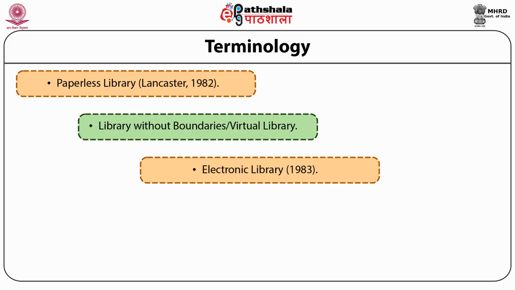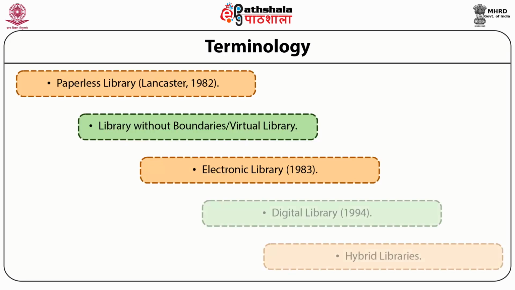The relatively recent use of the term digital library can be traced to digital library initiatives funded by the US National Science Foundation, the Advanced Research Project Agency and the National Aeronautics and Space Administration, NASA, in the United States in the year 1994.